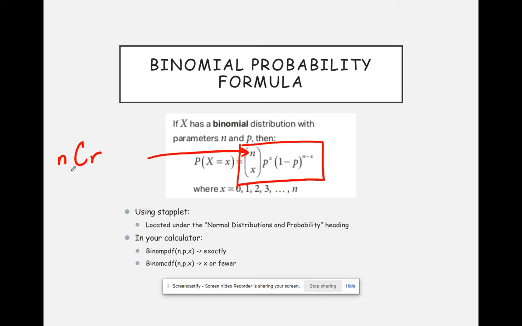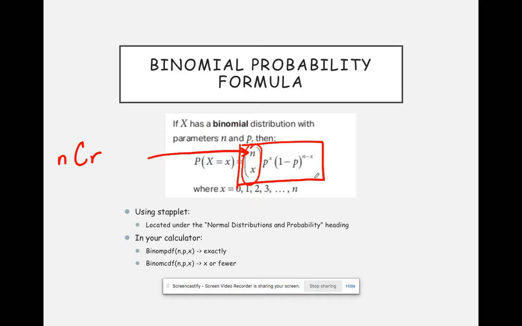So you'll find that value by using the nCr function on your calculator. That replaces this piece here in parentheses. And then it's the probability of success to the number of successes, probability of failure to the number of failures. So we'll see how we can use this formula with an example in just a moment.